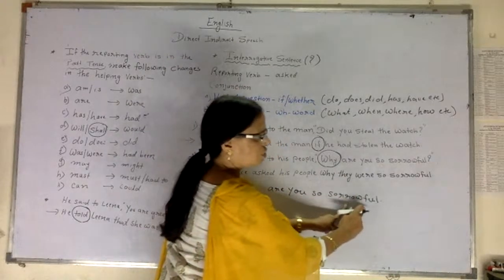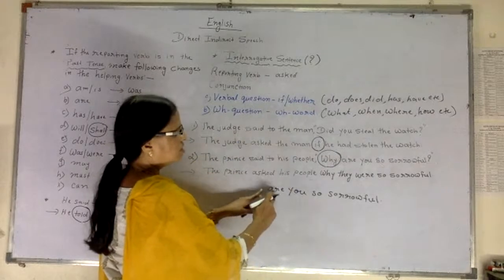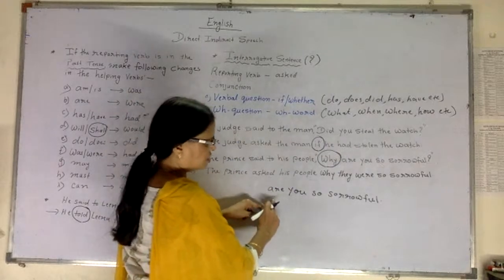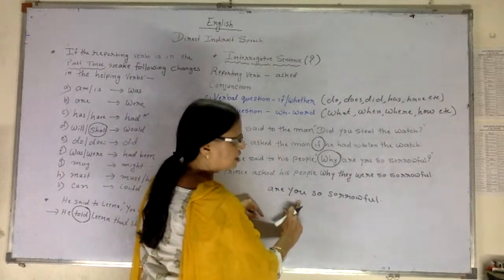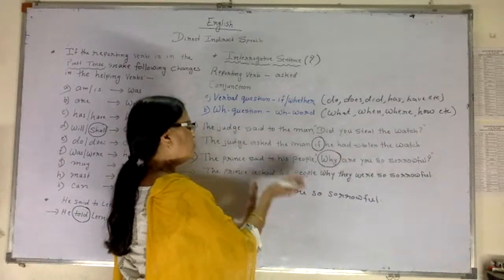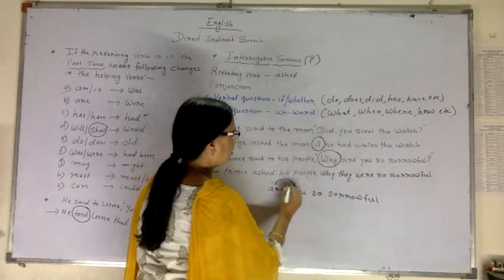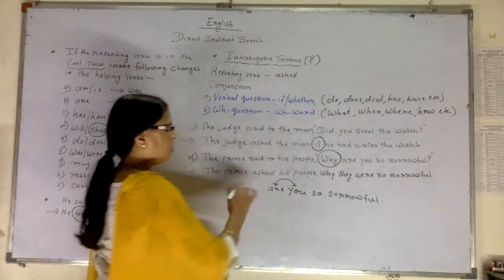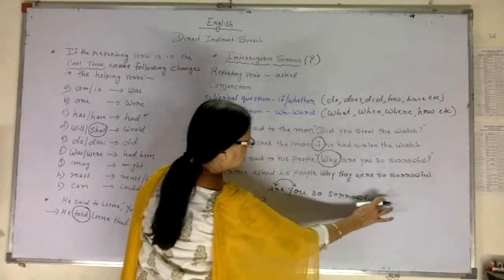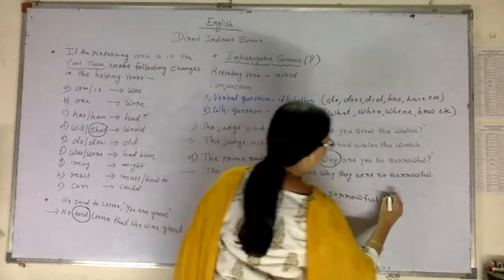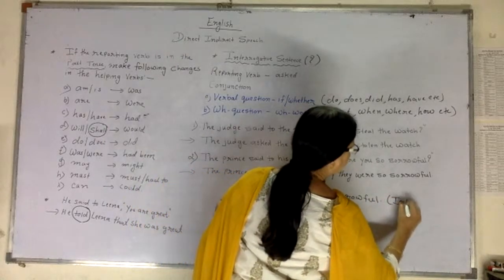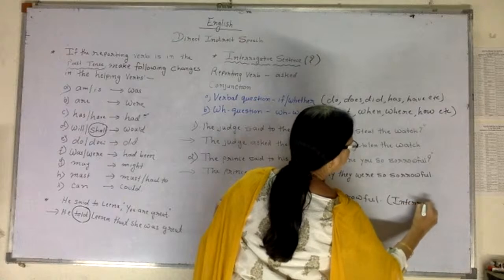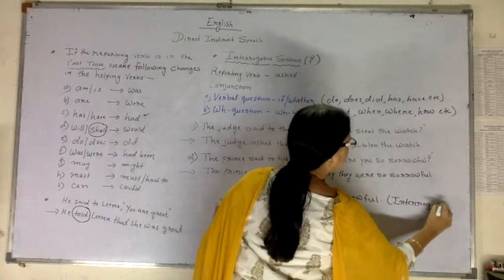Are you so sorrowful? Now are you? Here this is the interrogative sentence. So first it is a helping verb and then it is a pronoun or the subject. Now you have to interchange the order of this helping verb and the subject. This is the structure in the interrogative sentence. This way you will use it in the interrogative sentence.